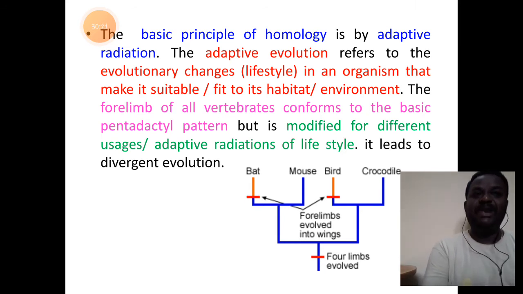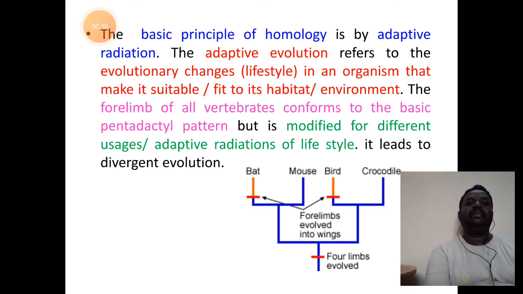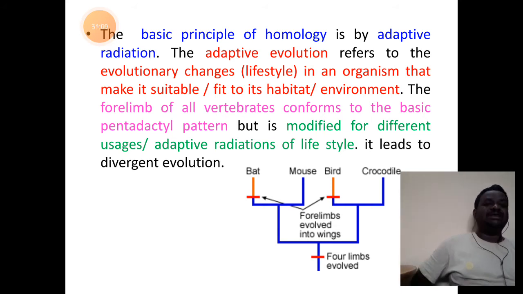Scientists have explained that adaptive radiation is the basic principle of homology. What does it mean exactly? As you all know, adaptive radiation or adaptive evolution refers to the evolutionary changes in an organism that help the animal to better suit its new environmental habitats.